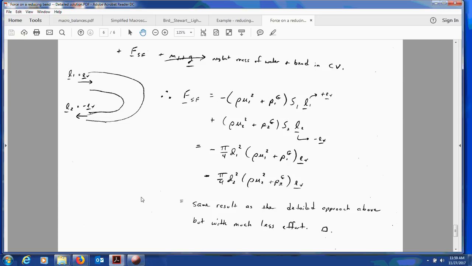Being able to use the integral equations is good in general, but for the problems we're going to focus on, the simplified mass and momentum balances in the handout are sufficient, and therefore they should be studied until you're comfortable with the application. The main challenge is just understanding what is meant by L1 and L2 and not confusing the signs. Otherwise, the application is entirely straightforward, and it can result in rapid solution of a number of interesting engineering problems.